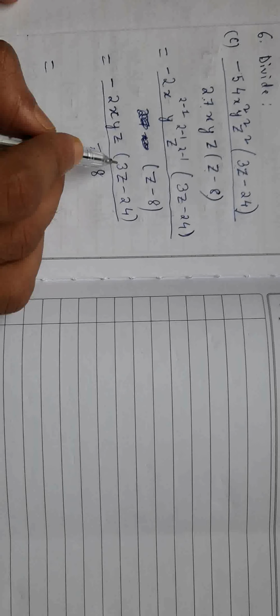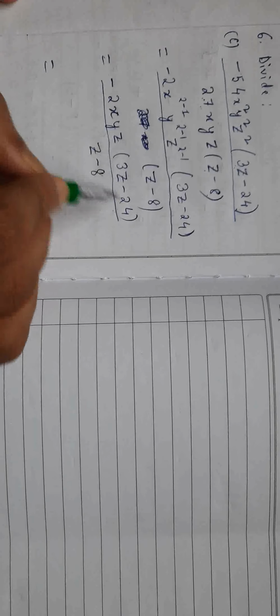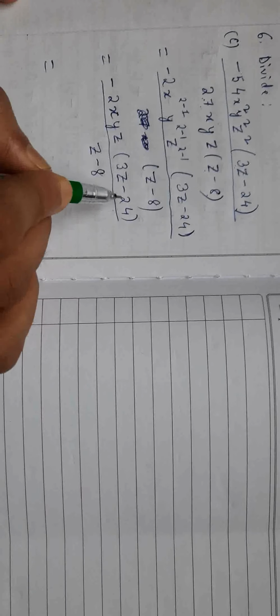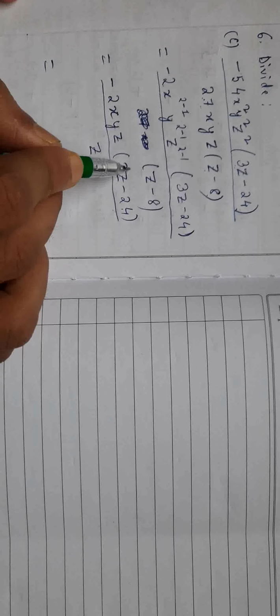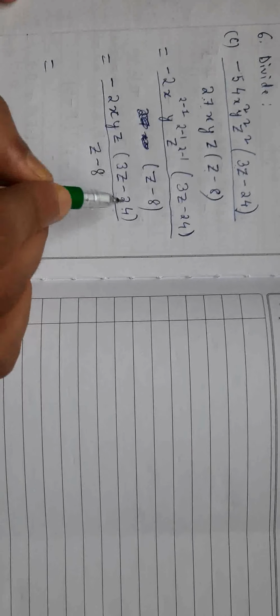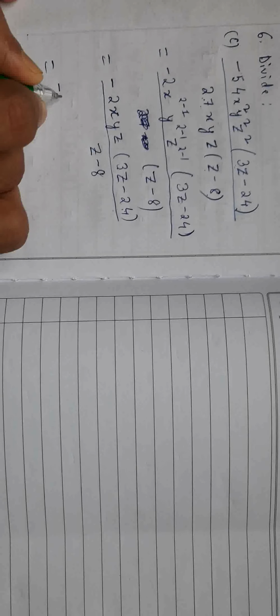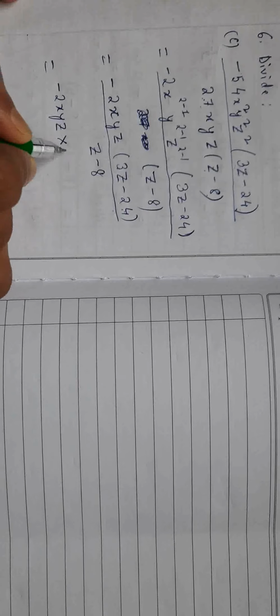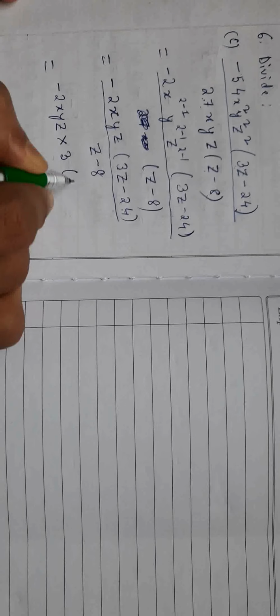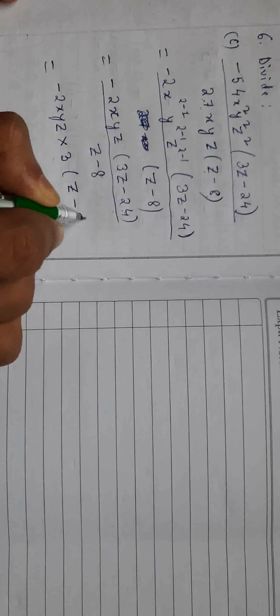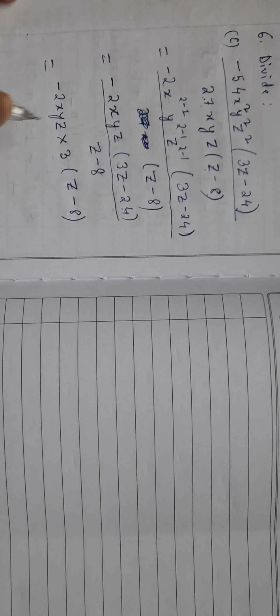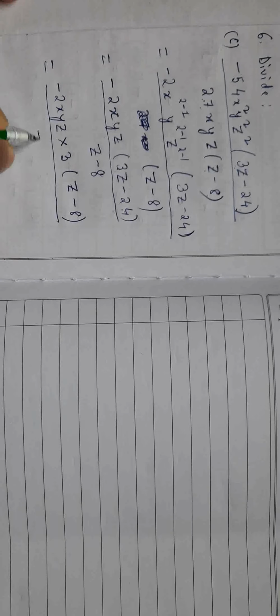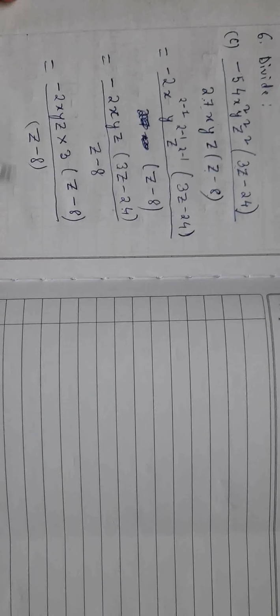Further we can see that inside the bracket in the numerator we have two terms, 3z and minus 24, so 3 can be taken common from both the terms. So minus 2 xyz, and if you take 3 it will be into 3, so we are left with z minus 8, whole thing divided by z minus 8.